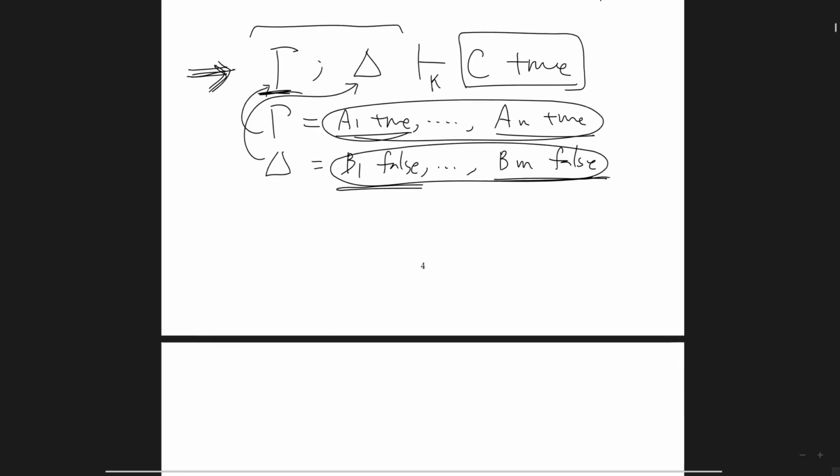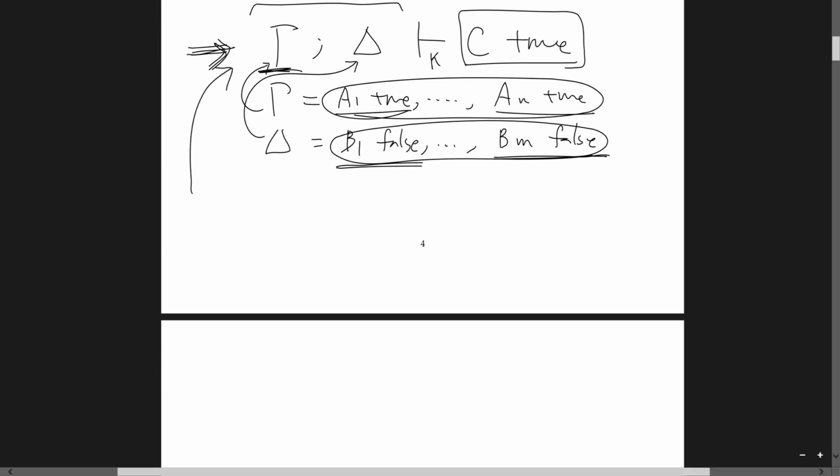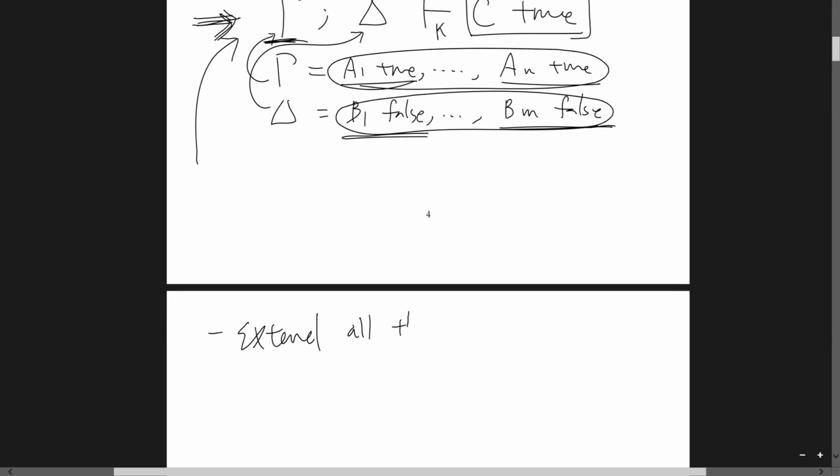Now, let's try to formulate the inference rules based on this new form of hypothetical judgment. First, we can easily extend in a straightforward way all the existing inference rules from constructive logic.